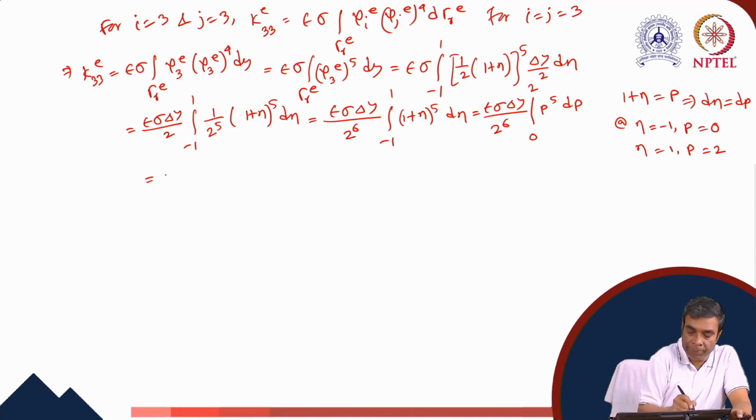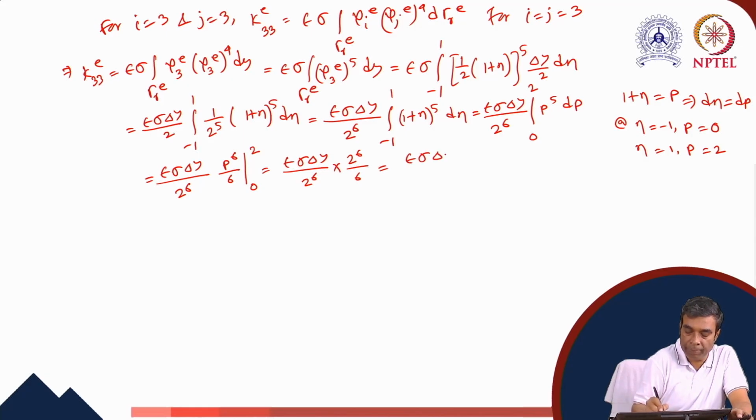So this gives us epsilon sigma delta y by 2 to the power 6 into p to the power 6 by 6, where p varies from 0 to 2. This is epsilon sigma delta y by 2 to the power 6 into 2 to the power 6 by 6, equals epsilon sigma delta y by 6.